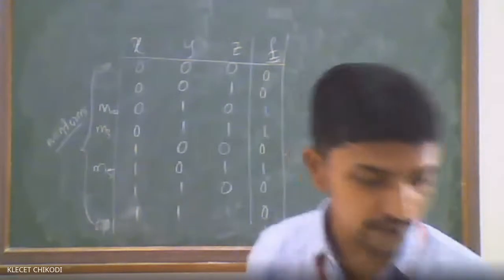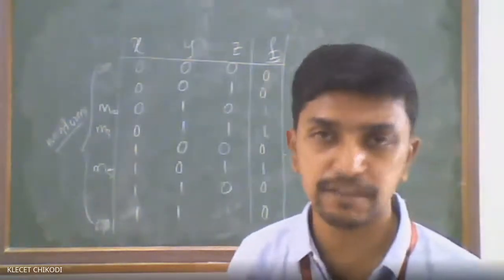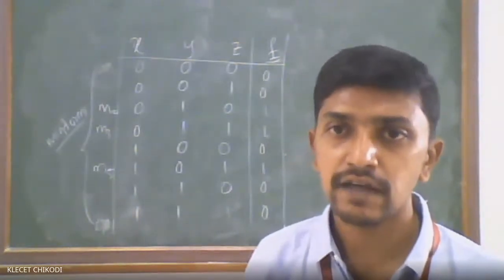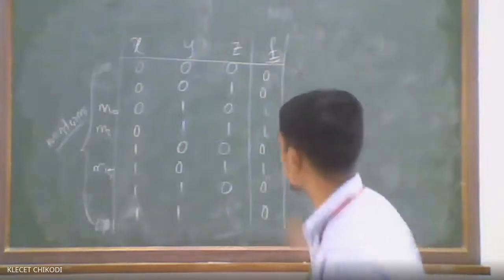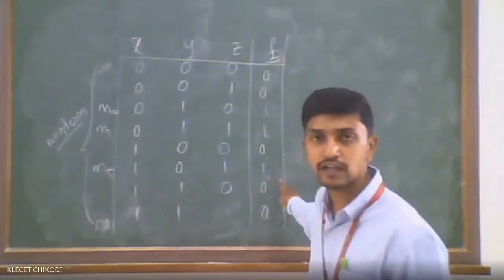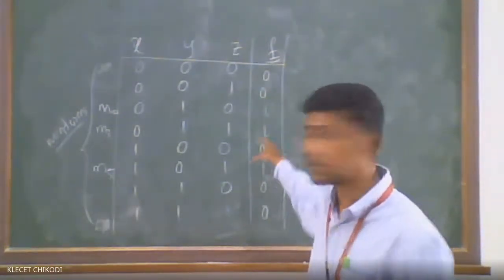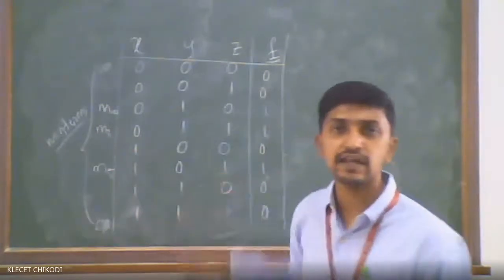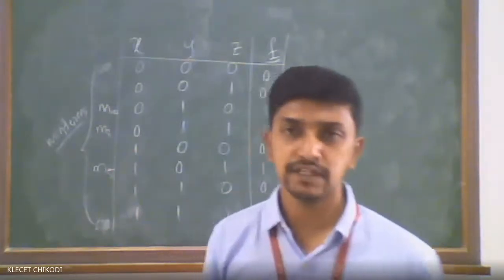Now what you have to do is write the canonical min term expression. Whatever function values are available, only for those you have to consider and write the canonical min term expression.